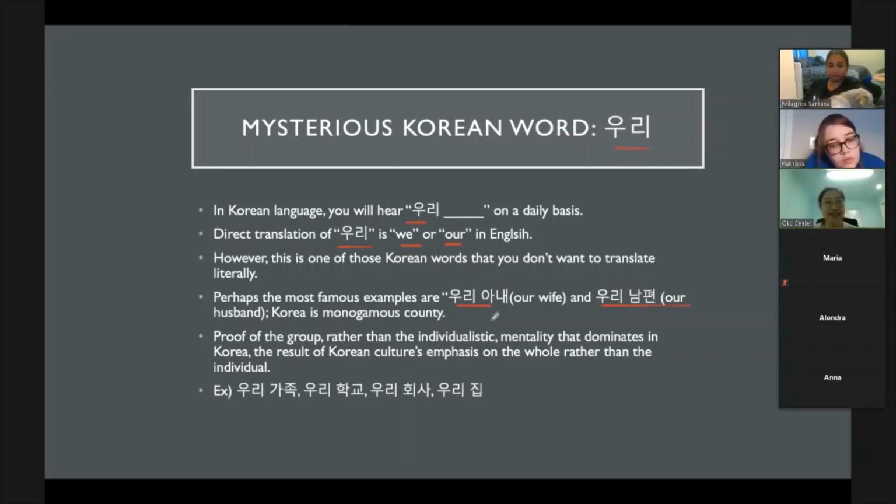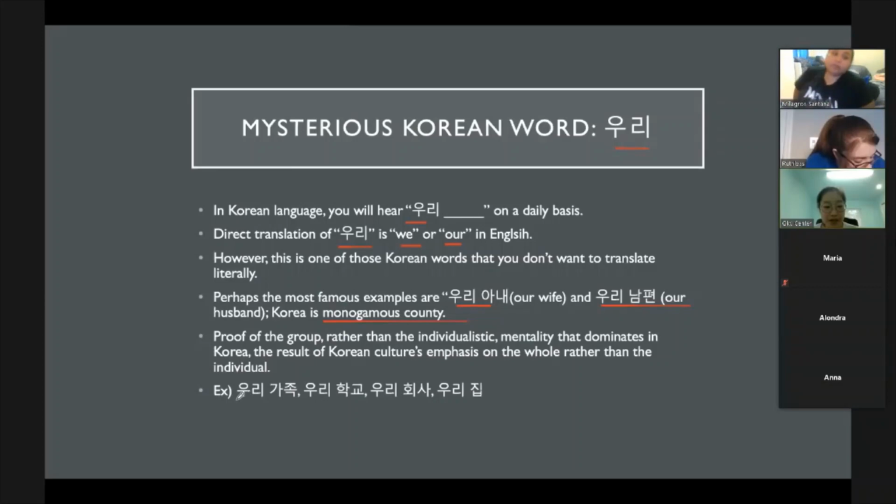It doesn't mean that it's our wife and our husband, or that they have a few wives or a few husbands. It doesn't mean that way. We are a monogamous country. We only have one wife and one husband. But Korean culture emphasizes the group, the whole, rather than the individual.